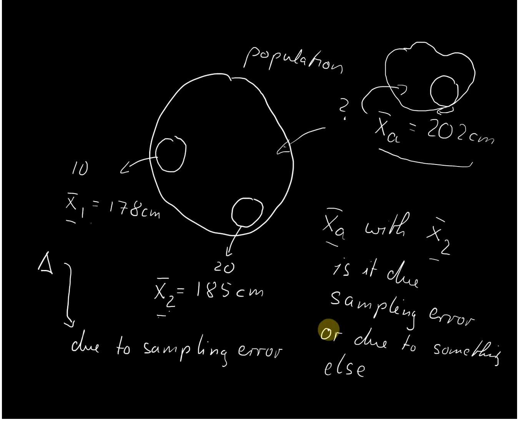So this is the big question. Is this average here similar to this average here, and the difference is only due to sampling error? Or is there something more to it? And I can formulate this actually in what is called a hypothesis.